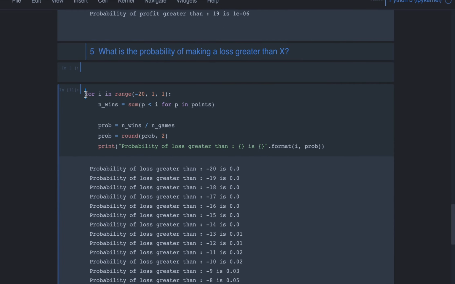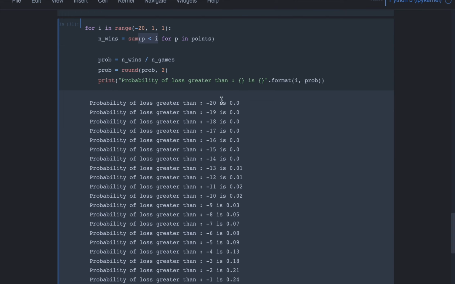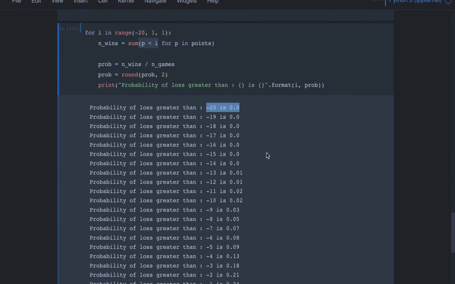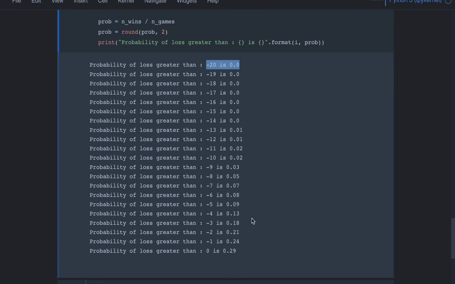So all we are doing is we just reverse this, and we are checking how many times the value is less than this reference value, right? So again, it says it's impossible to make a loss of greater than 20 points, and the most likely loss we make is somewhere around 2, 3, or 4 points, right? So in this region, these are the high values.